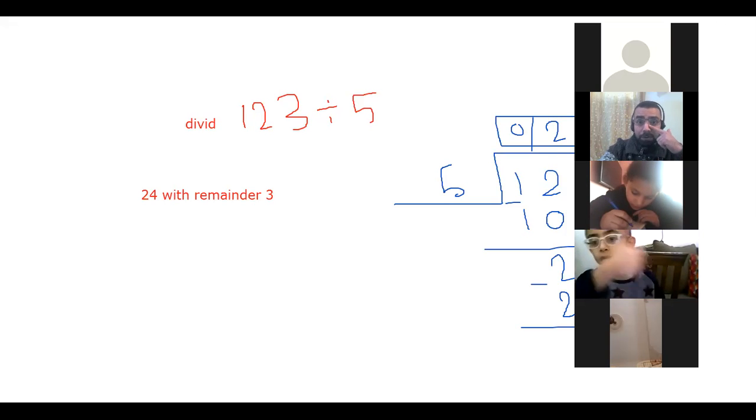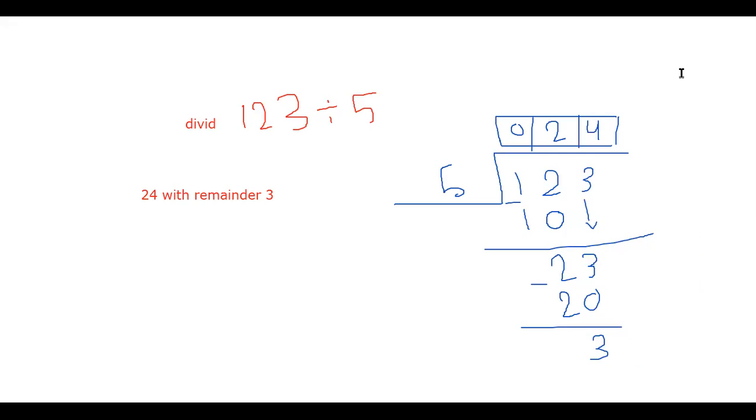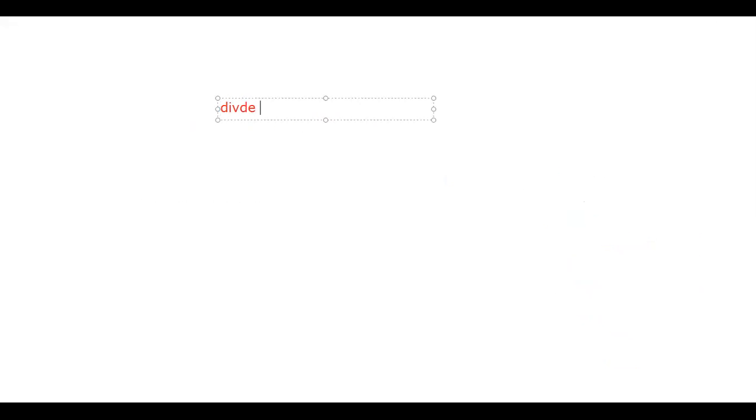Great. So, let's take another one for the long division. Okay, now let's say we have 76 divided by 9. Okay, so no, I don't want to make it like this.